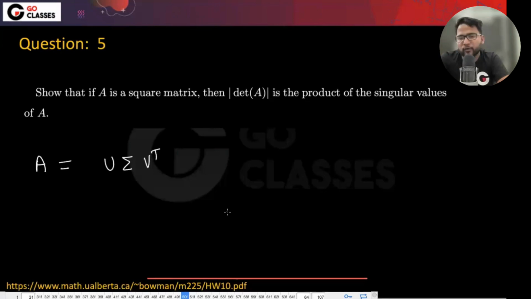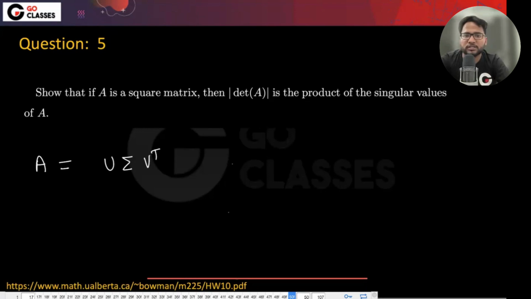Okay, just let me know. Just try this question and let me know if you are able to solve this. Yes is saying U is 1, V transpose is diagonal determinant.